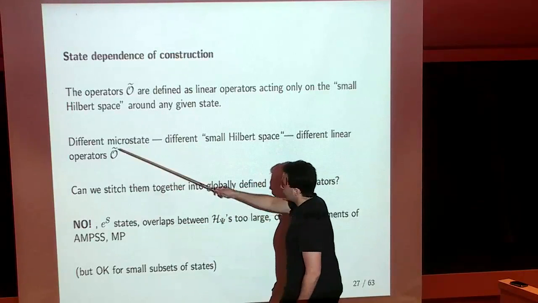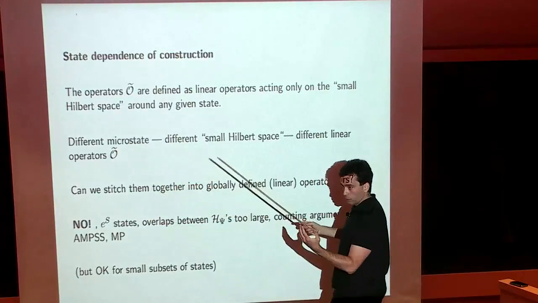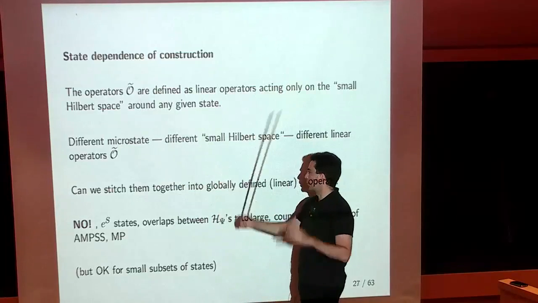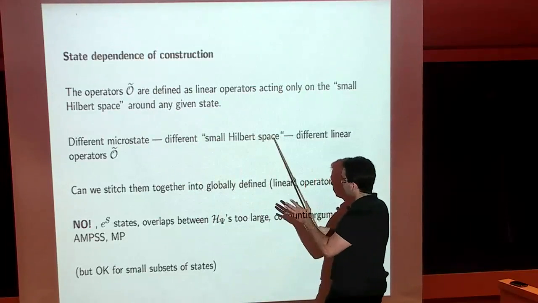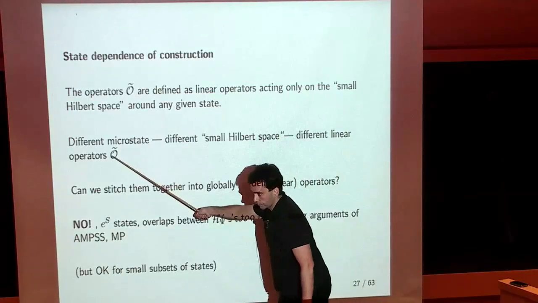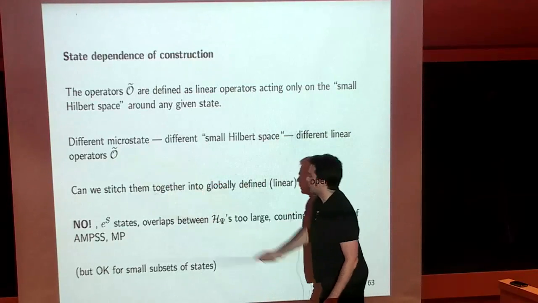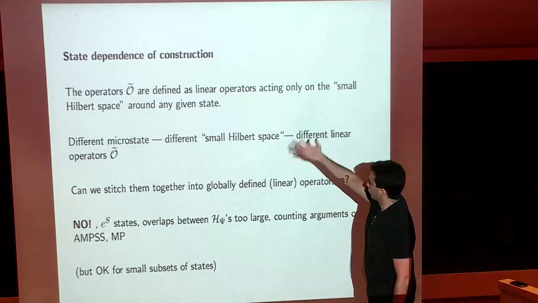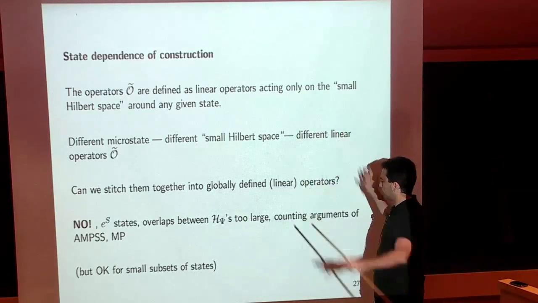If you take a different microstate of the black hole, even if it has the same mass, so even if it looks like the same black hole from the exterior, you will construct a different small Hilbert space, and then a different linear operator tilde relevant for that microstate. An obvious question is whether it is possible to stitch them together into a globally defined linear operator.